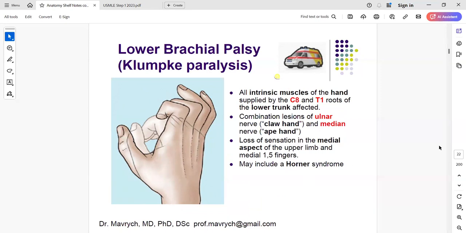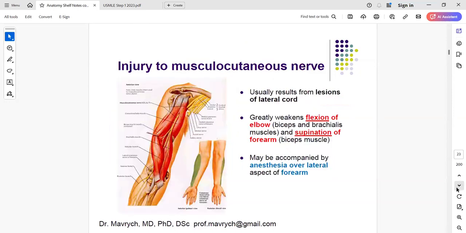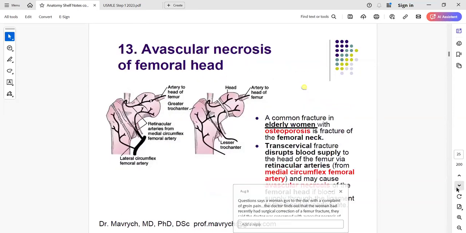Now, when there's Klumpke's paralysis, there is a combination of lesion of ulnar and median nerve because both the nerves are involved, because what nerves are shutting down? C8, T1. So that's putting pressure on the ulnar and the median nerve, and that's why you get the claw hand and the ape hand as well, right? Okay. Not important.